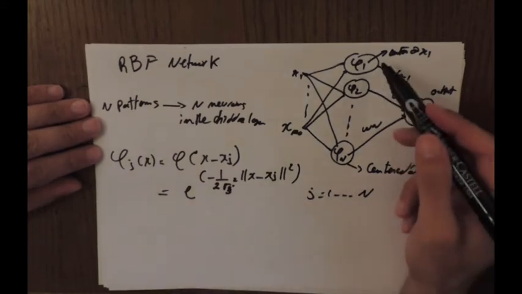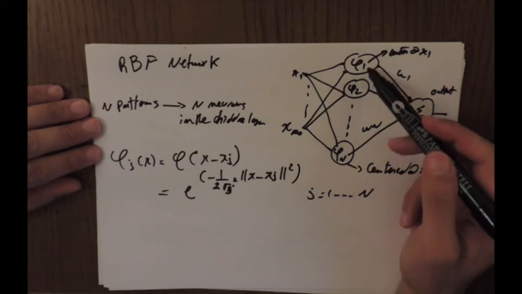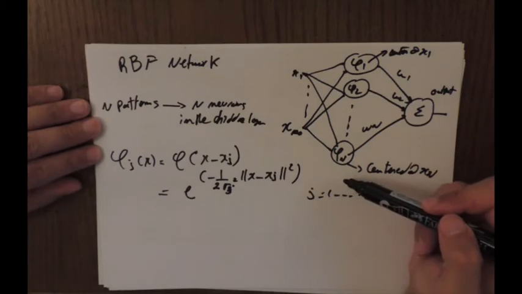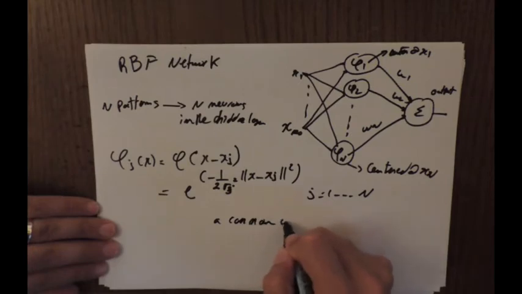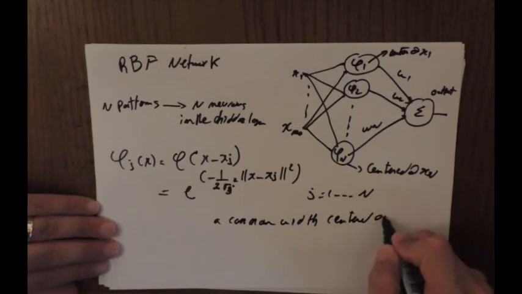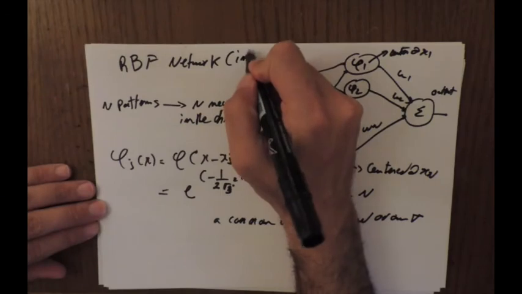So if we use the Gaussian function, each of these hidden neurons is centered around x1, x2 till xn. Typically we have a common width sigma for this Gaussian function. We don't have different sigmas for different functions.